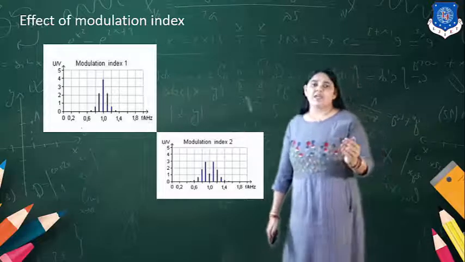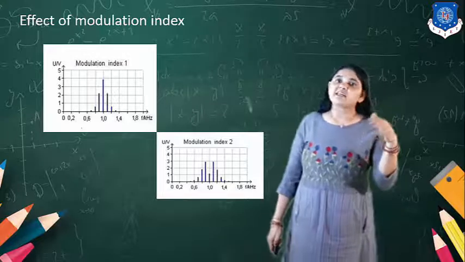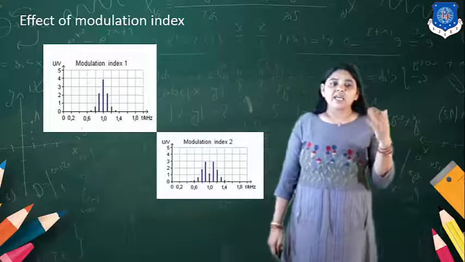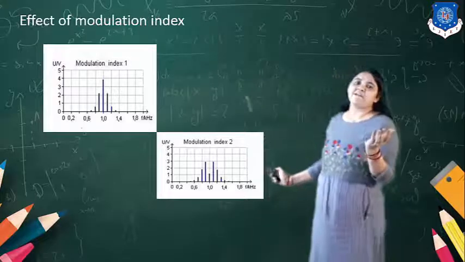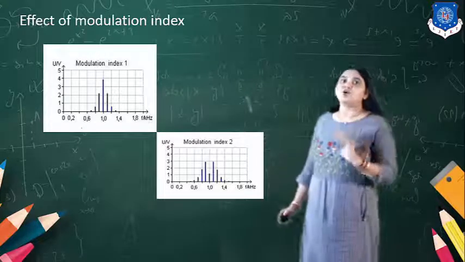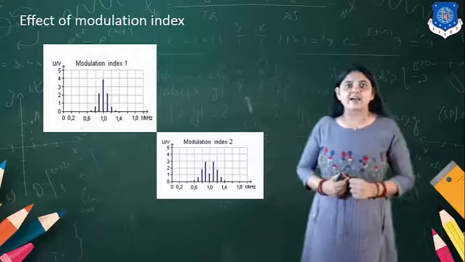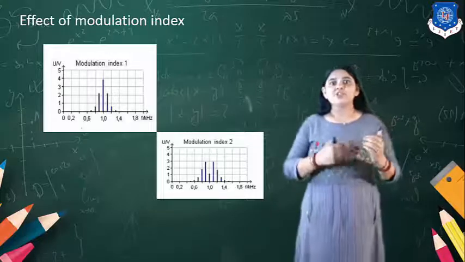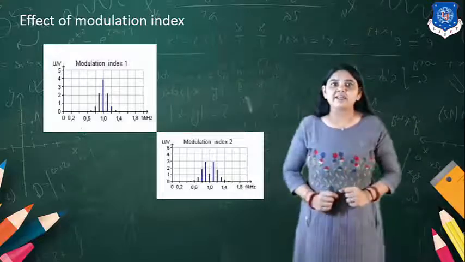So as the modulation index increases, the number of sidebands also increases.